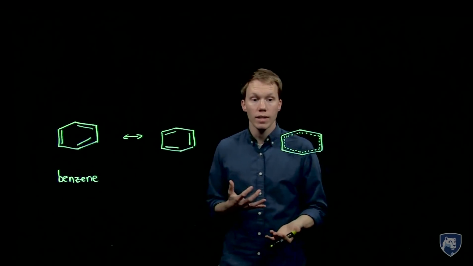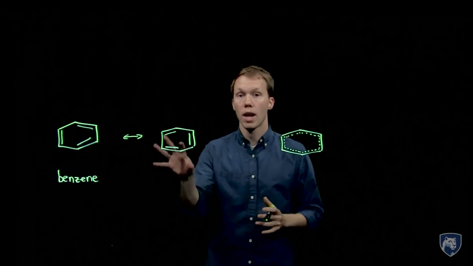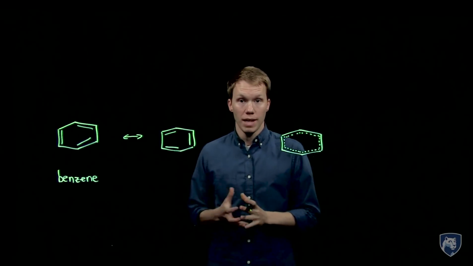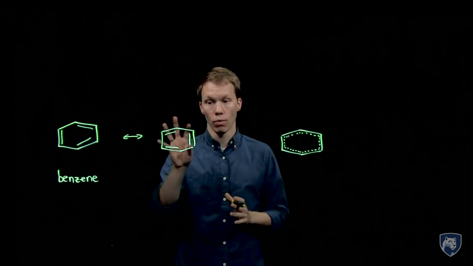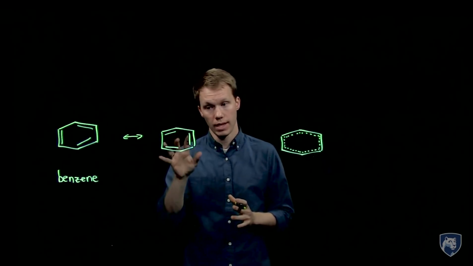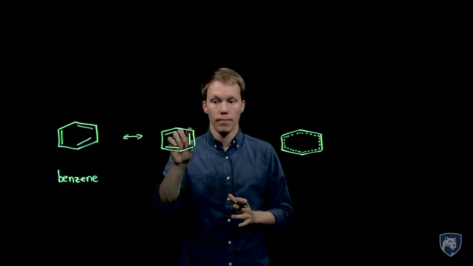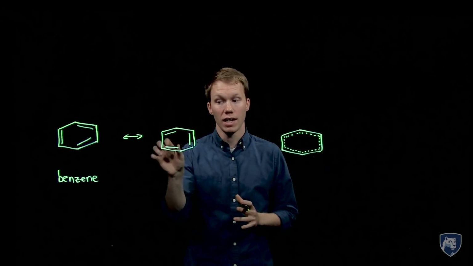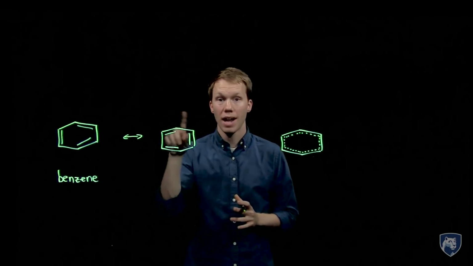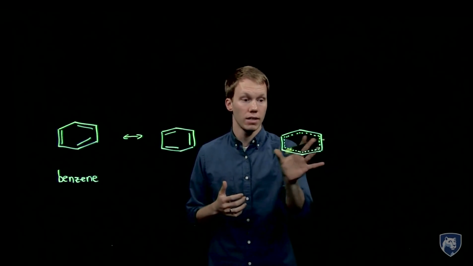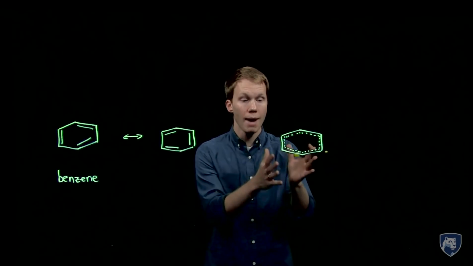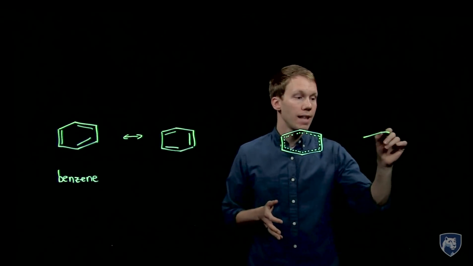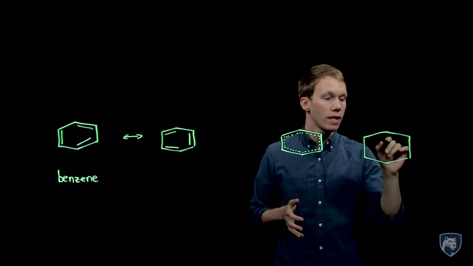And so as a consequence of this delocalization, all of the bonds in benzene are identical, meaning all of the bond angles will be identical, and so we won't have the situation where the double bonds take up more space, because the double bond's not here and here and here, it's spread out all over the entire ring, as this hybrid structure indicates.